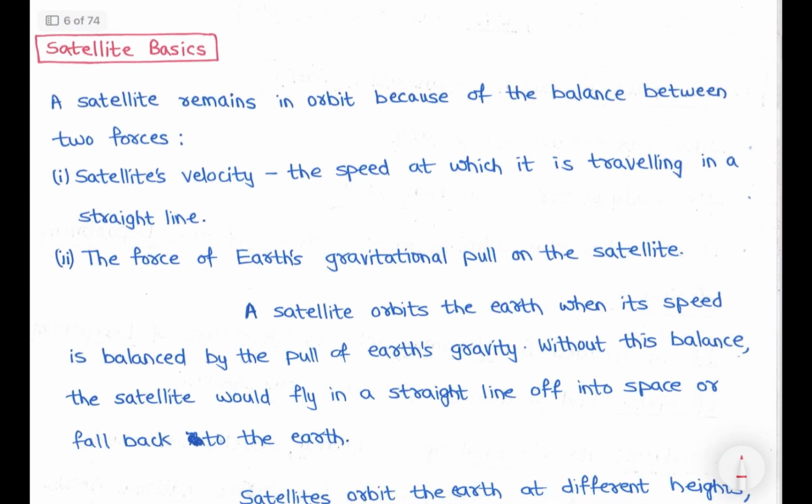So then let's cover a few basics with respect to satellites. A satellite remains in orbit. So basically, जो ये Earth है, Earth के orbits हैं, we'll be studying all the orbits. In space there are orbits, and objects जिनका mass होता है, they create curvature in space time.